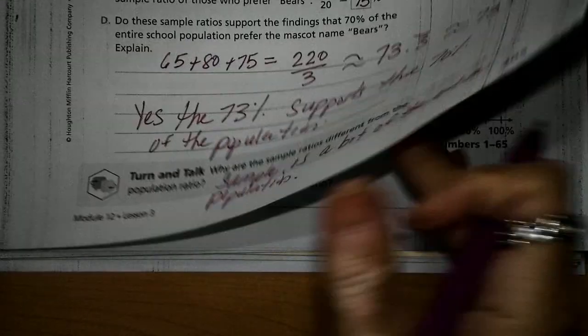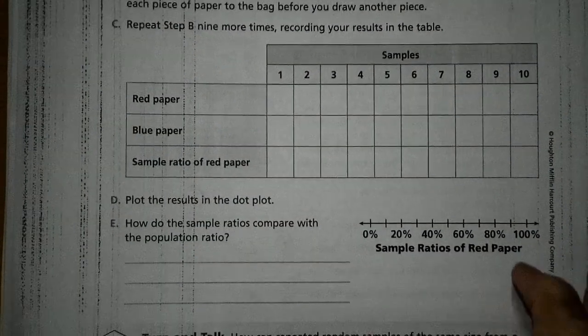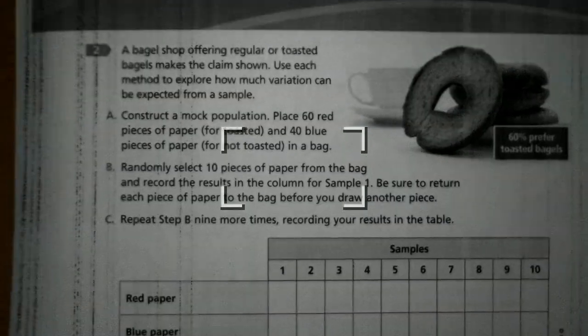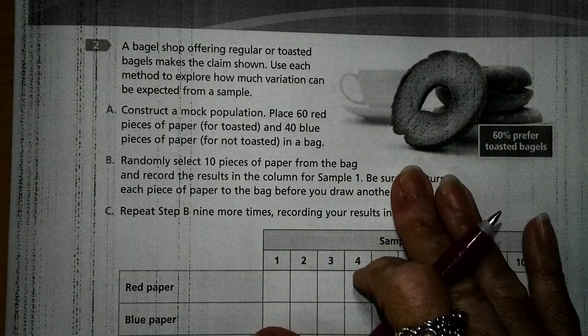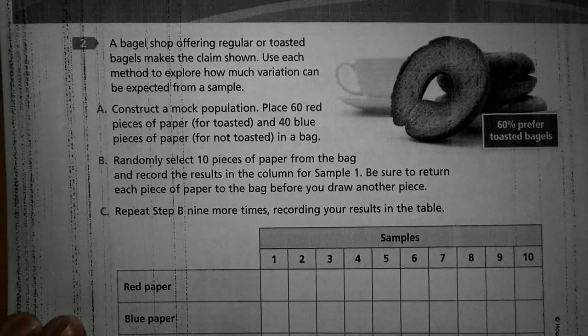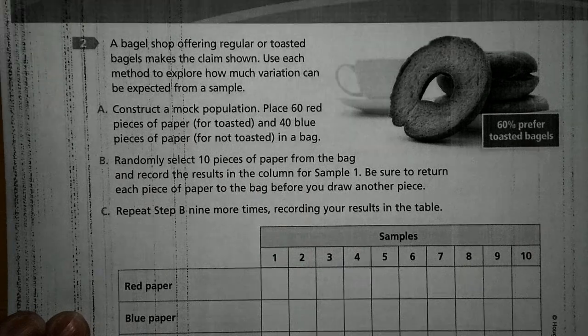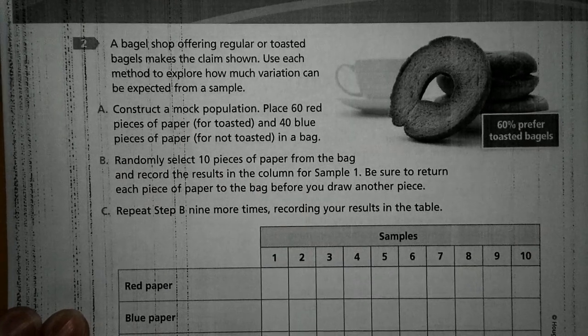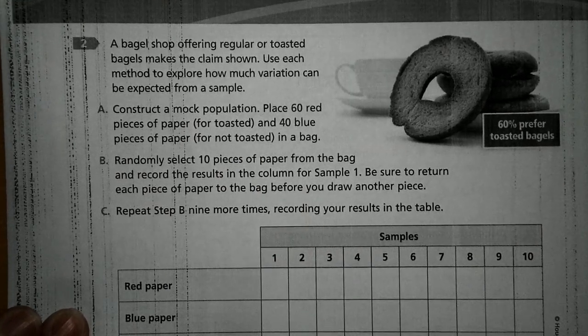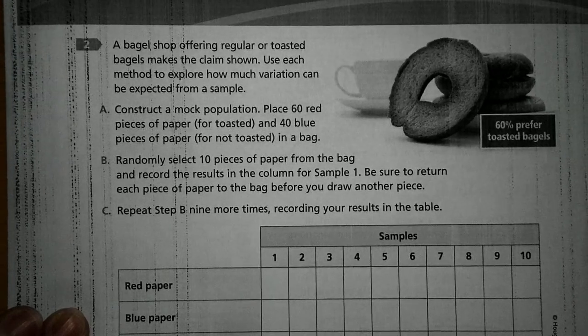Alright, so we are actually going to conduct a sample ourselves. So basically it says that a bagel shop offering regular or toasted bagel makes the claim shown. Use each method to explore how much variation can be expected from a sample. Construct a mock population.